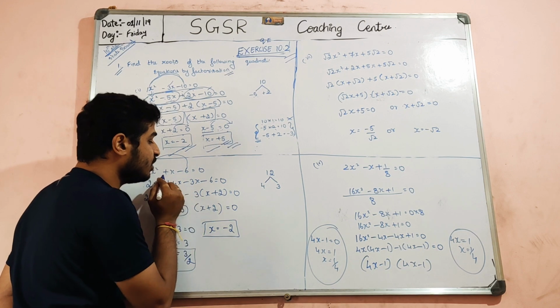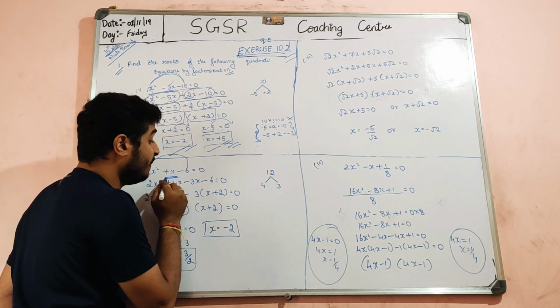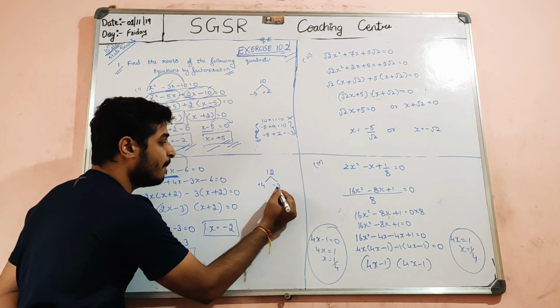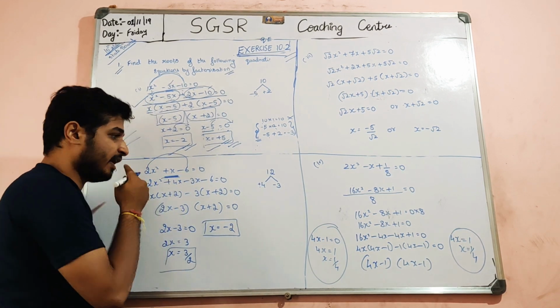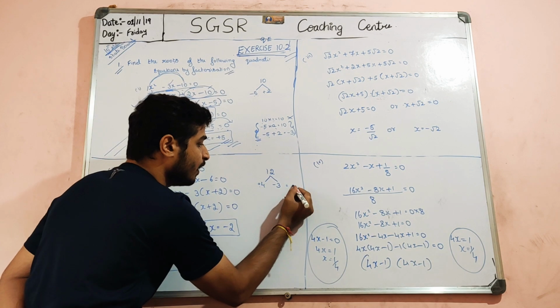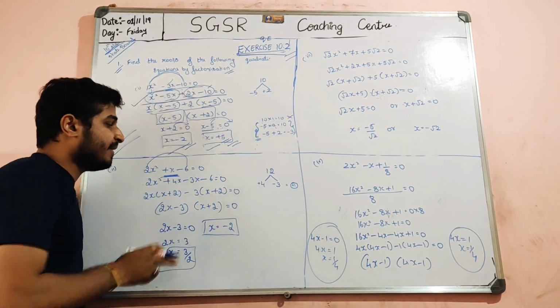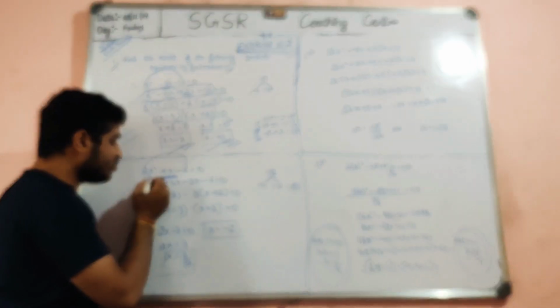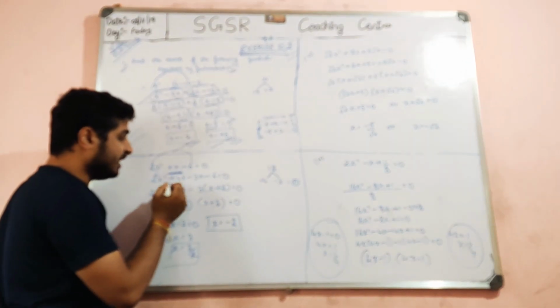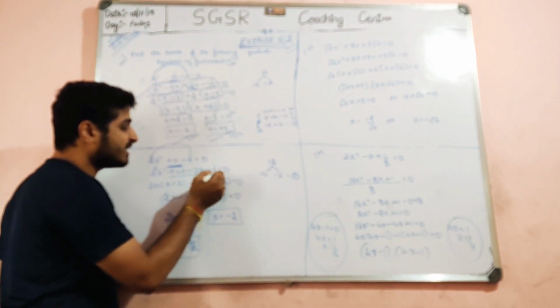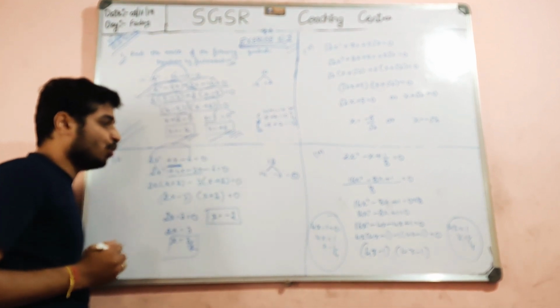When you add and subtract, it should come plus 1. So plus 4 minus 3 becomes plus 1x. Okay students? It is compulsory. Next, 2x square as it is, and in the place of x you should write plus 4x minus 3x minus 6 is equal to 0.